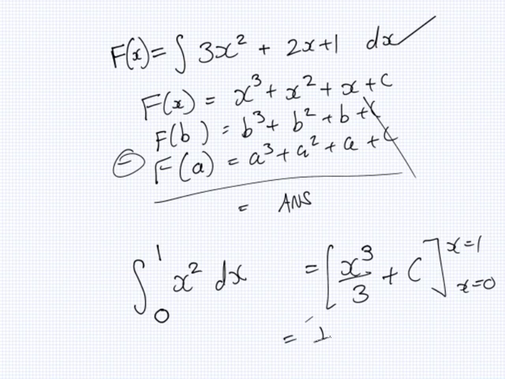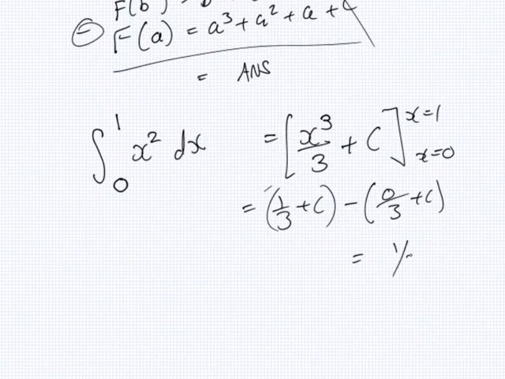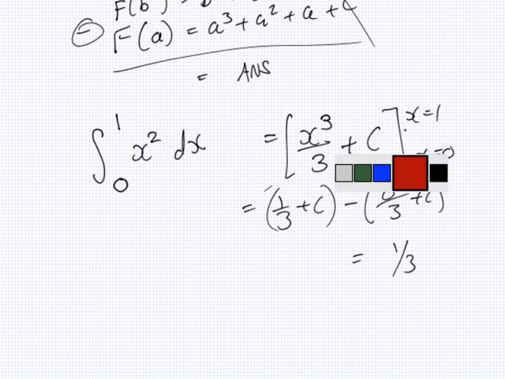So I'll get 1 over 3 plus c minus 0 over 3 plus c. What do I get here? 1 over 3. Because the c always cancels for these types of problems, I don't need the c.